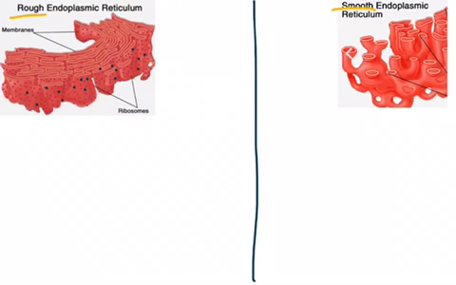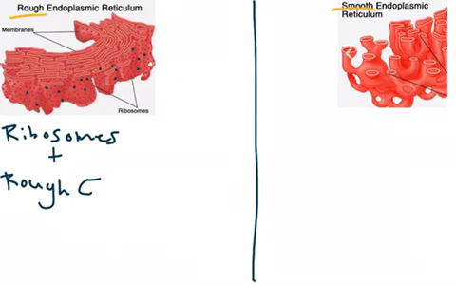And if you remember what ribosomes do, ribosomes, along with the rough ER, they both serve the same function. They both do the same job. So ribosomes and rough ER both make proteins, okay?